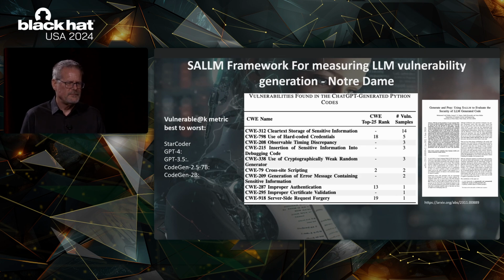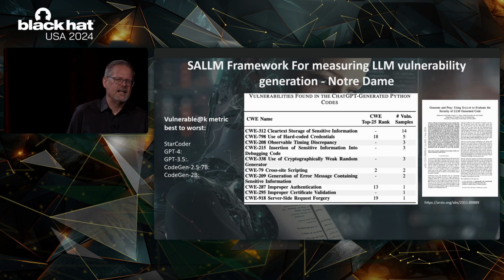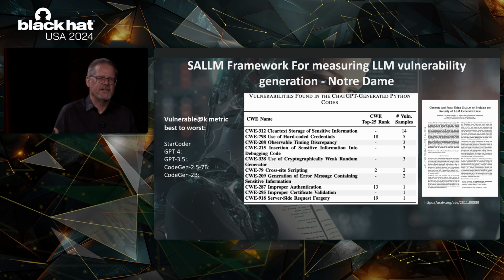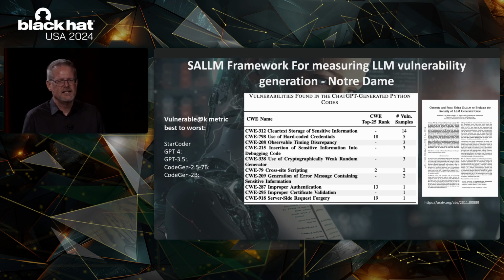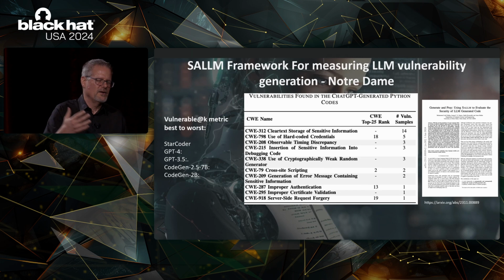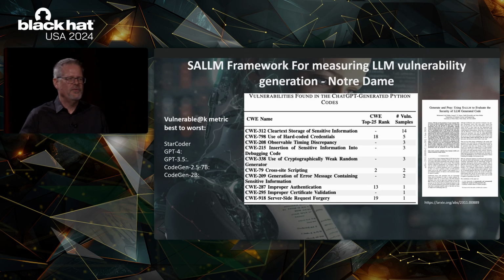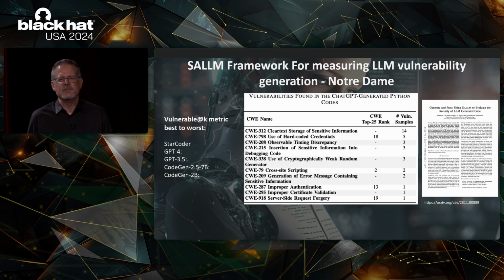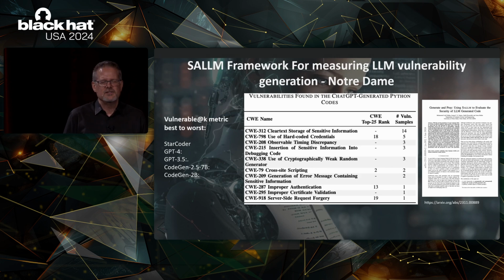And over on the left-hand side, they have this metric called the vulnerability at K metric. These were the 5 different LLMs that they tested. This is only on Python. They only tested 5 LLMs. Hopefully, with the standard being published out there, we're going to see this on more languages and on more LLMs. They ranked them here with the StarCoder LLM being the best and CodeGen 2B being the worst.